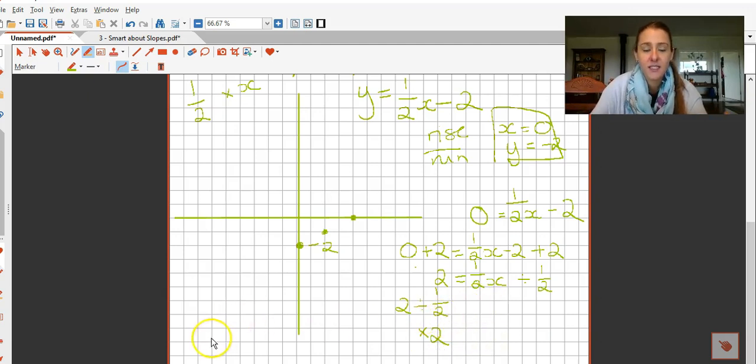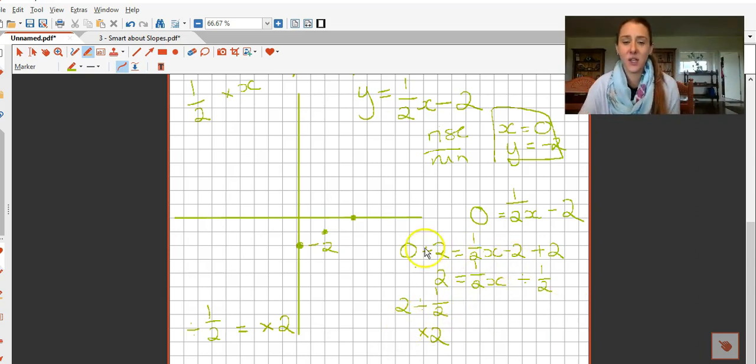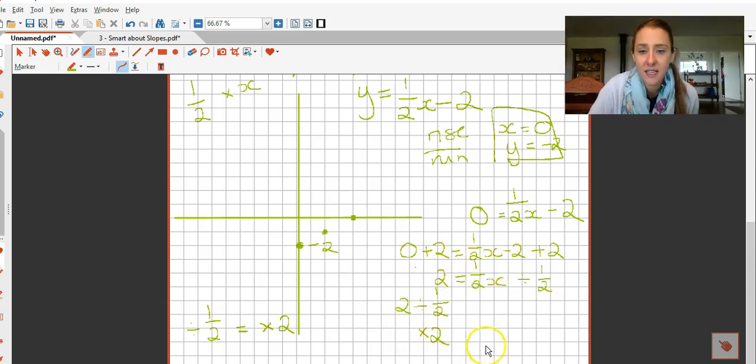So dividing by 1/2 is equal to multiplying by 2. All right, we'll come back to this. I've gone off on a tangent. Anyway, solving for this, I know that x is going to be equal to 4. Through algebra, I've discovered x is equal to 4.